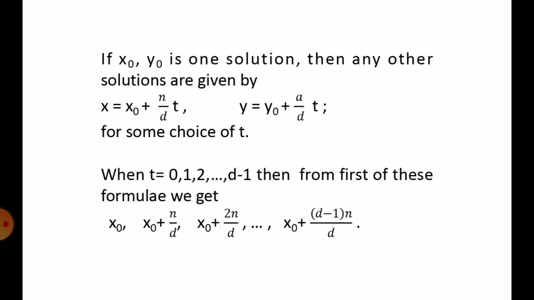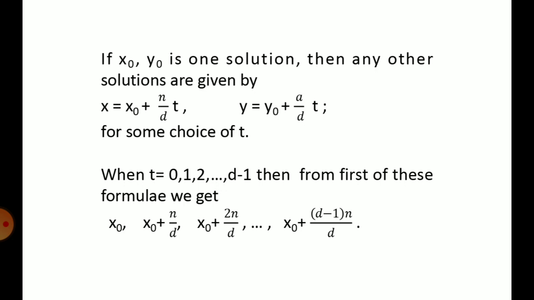But in the article on Diophantine equations, we saw that all solutions are given by the formula x = x0 + (n/d)t and y = y0 + (a/d)t. Here t is an integer.